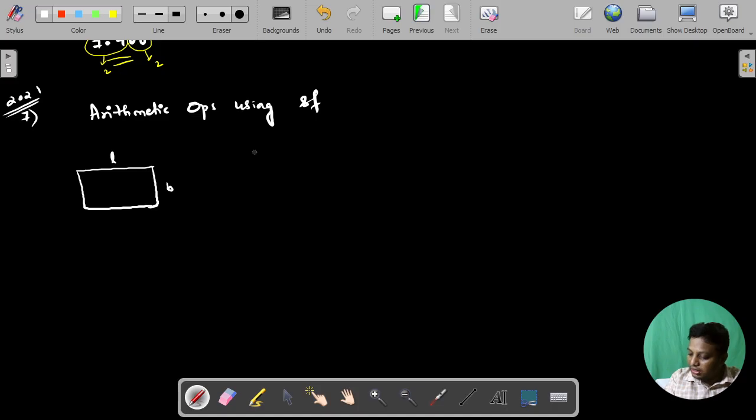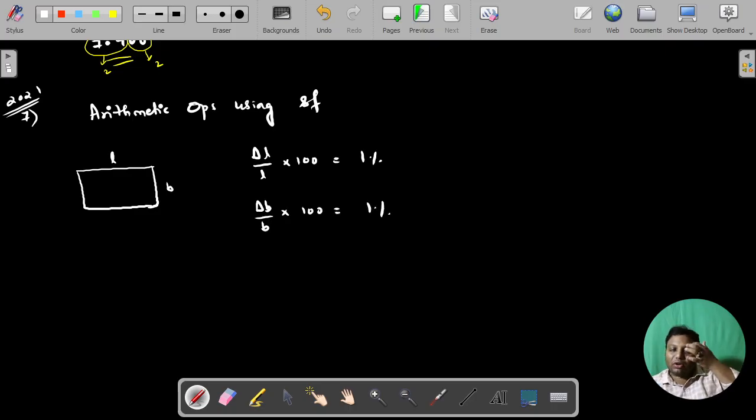The error in the measurement of each of them, delta L by L into 100, is 1%, and the error in the measurement of breadth is also 1%. If they are saying percent, it means they are talking about percentage error. Length and breadth of the table are 1 meter and 50 centimeters.